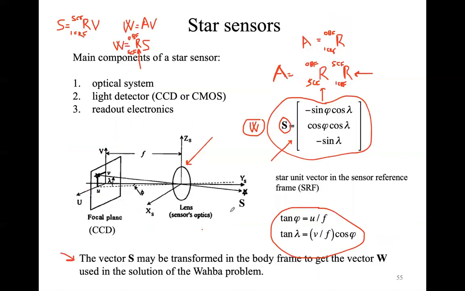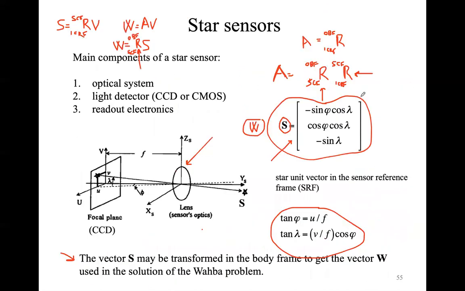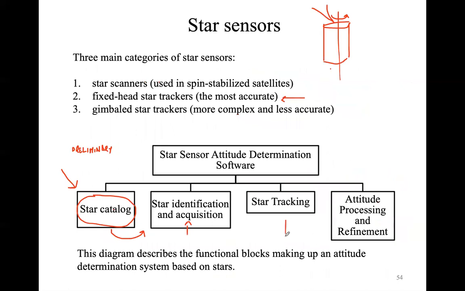Once you are able to know from this comparison that you are looking at the portion of the sky that you need, now you start to use your vector S, for example, in the QUEST algorithm or in the extended Kalman filter, by using the star tracking.